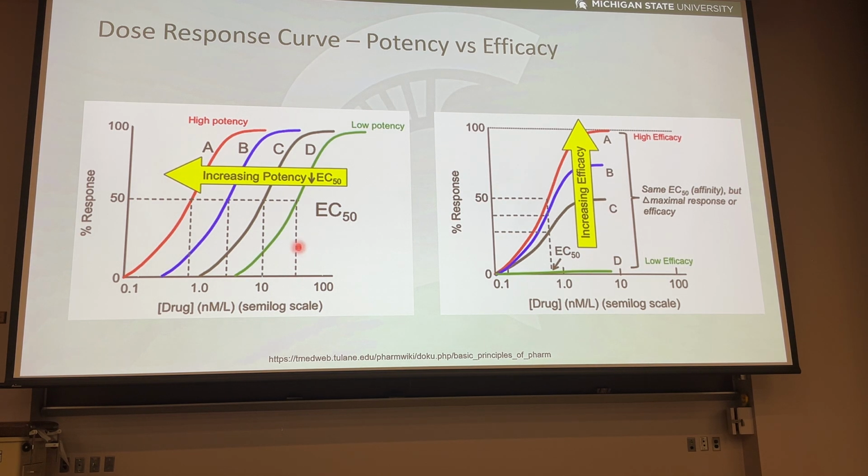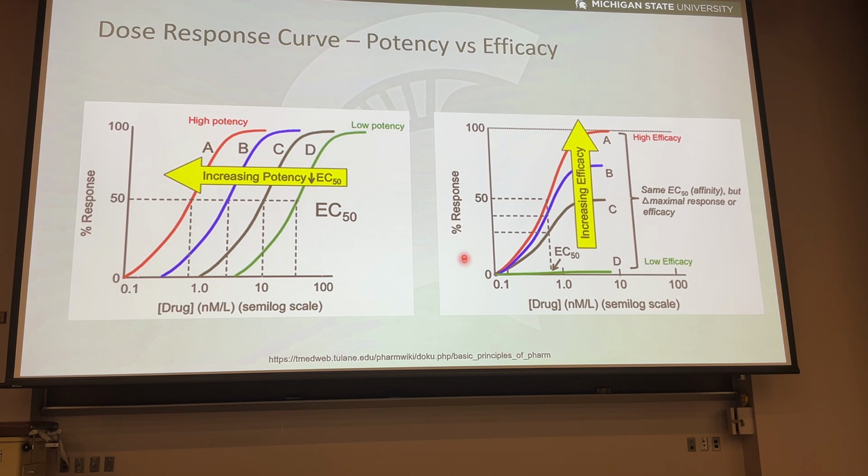So in this system, you can see the EC50 for all 4 drugs is different, but the efficacy is the same, right? So we're increasing our potency as we're decreasing the dose we need to use to attain that efficacy.